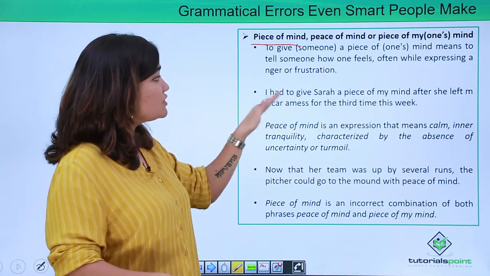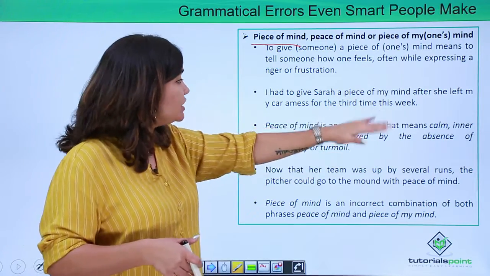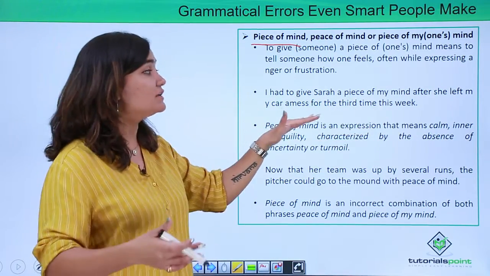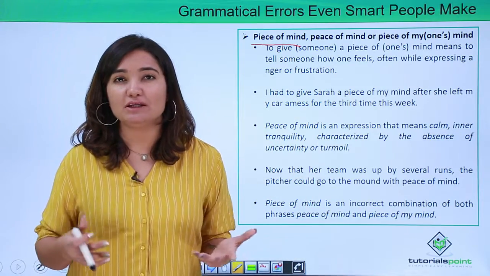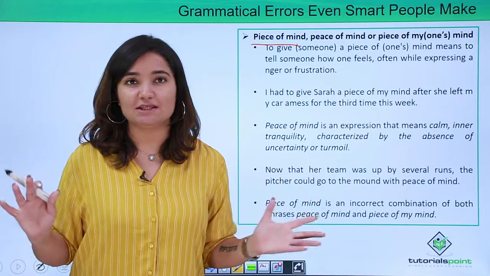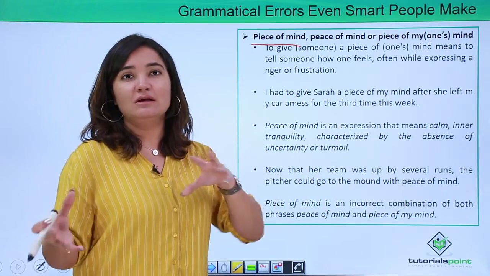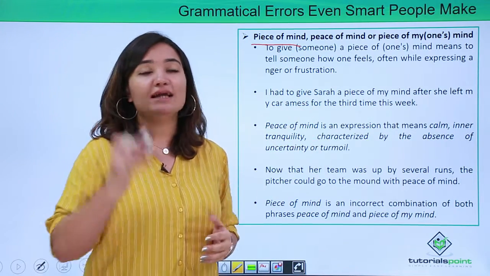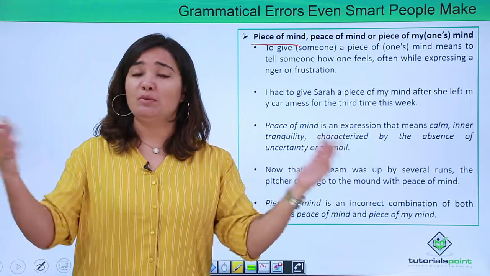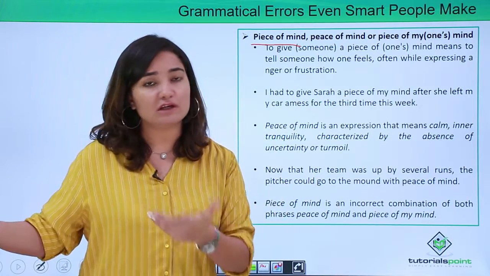For example, I had to give Sarah a piece of my mind after she left my car a mess for the third time this week. Usually we might use giving someone left, right and center. So that is the contextual use of piece of my mind here. So I had to give her a piece of my mind because of her dropping performance over a span of 3 months, right?